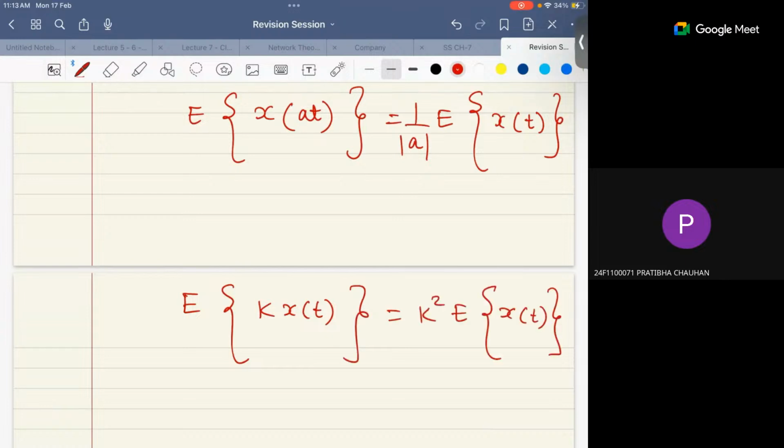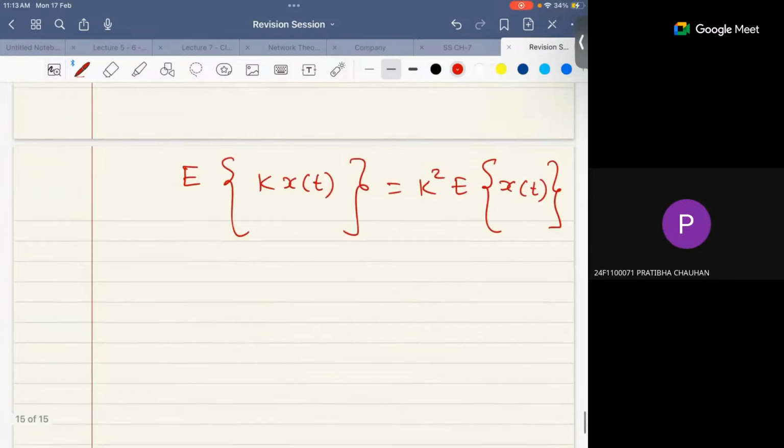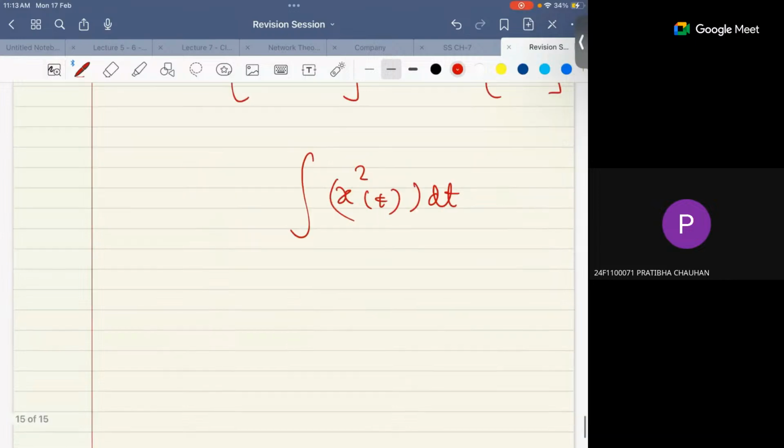Because you already know the formula: x(t) you are taking the whole square, so if k was there, k square will come out. Is it clear to everyone?